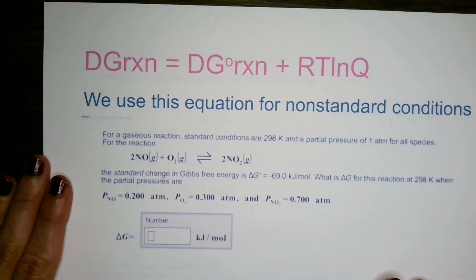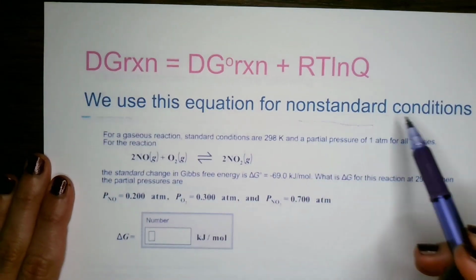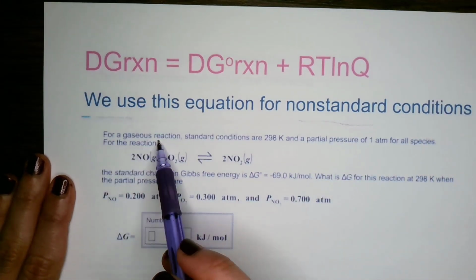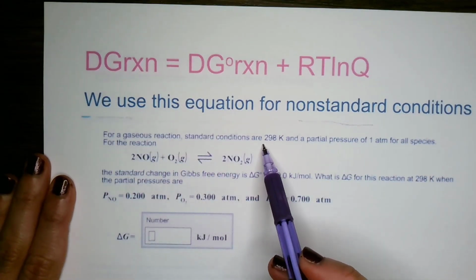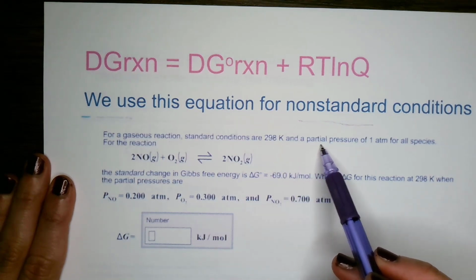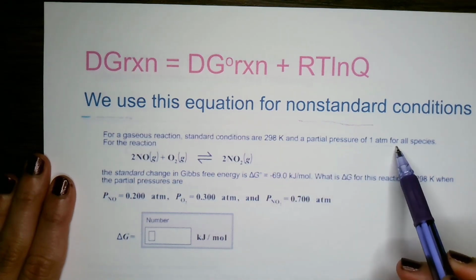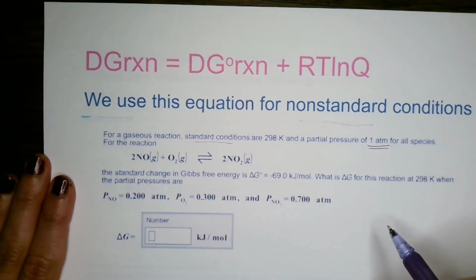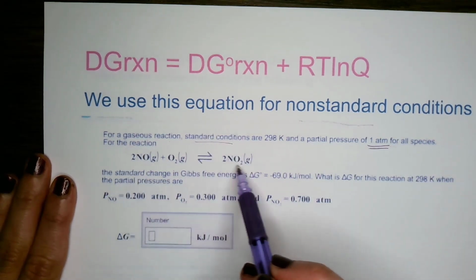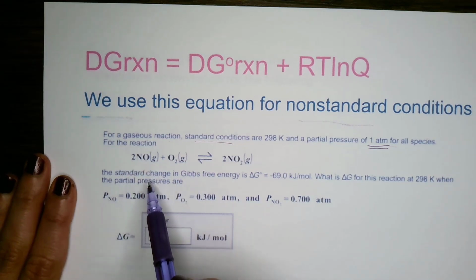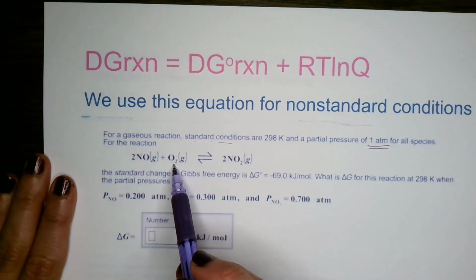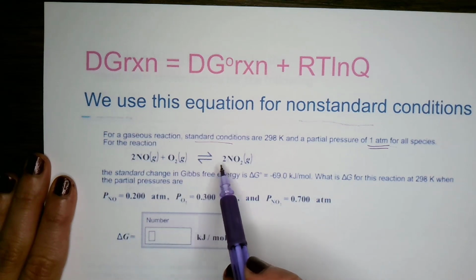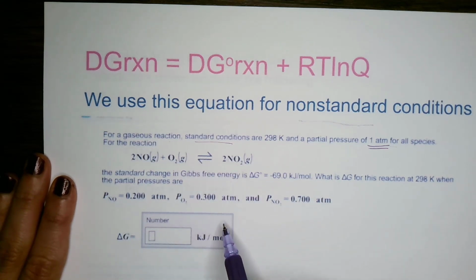Let's do another practice, another non-standard condition. So let's say for a gaseous reaction, the standard conditions are 298 Kelvin and a partial pressure of 1 atmosphere for all species. That's our standard conditions. Again, 1 atmosphere for all species. So here we have this reaction, nitrogen monoxide plus molecular oxygen creates NO2.